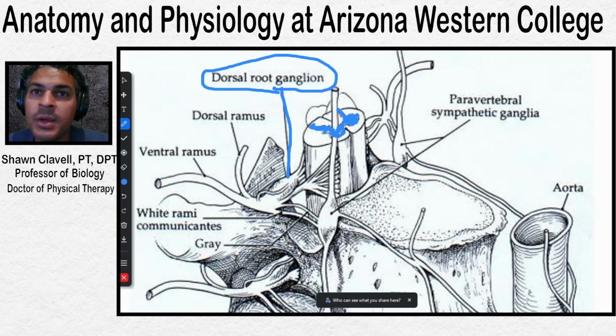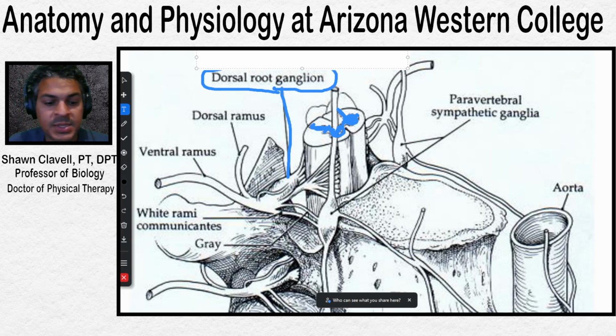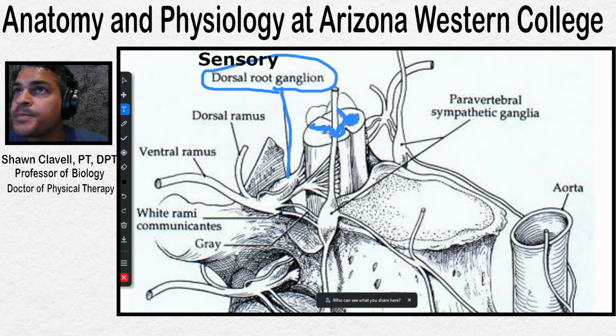We've been talking about the component of the dorsal root being sensory. And so what you have is the dorsal root ganglion, a specific group of cell bodies located outside of the spinal cord.